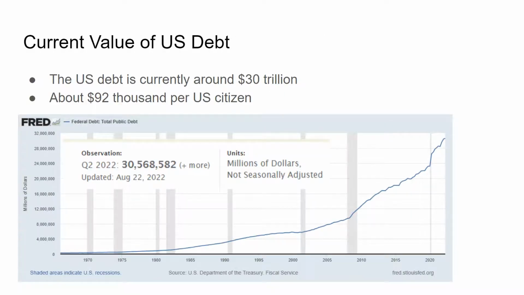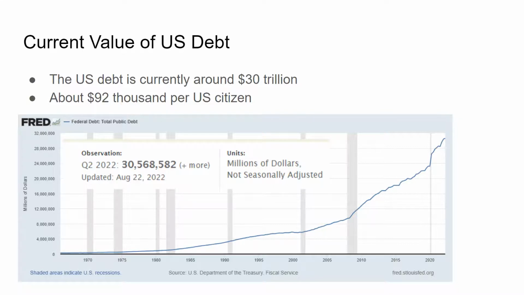What is the current value of the US national debt? The current value of the debt is around $30 trillion. In the fiscal year 2022, the government has collected $5.3 trillion in payroll and income taxes and has spent $5.35 trillion, which means another year of a budget deficit for the government.